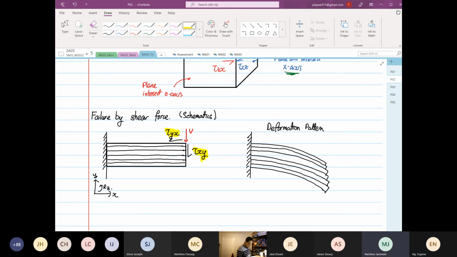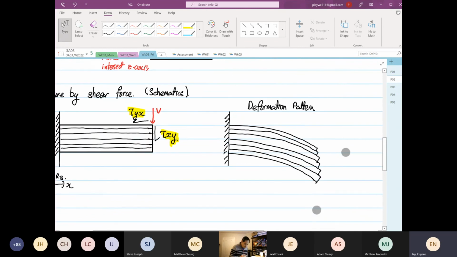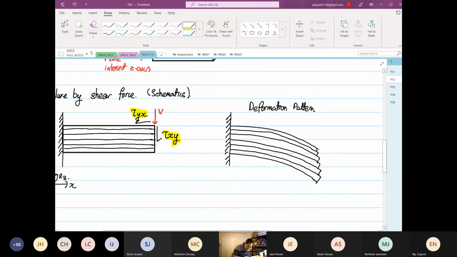Anyone? Shear XY. Now, my answer to shear XY is it will not fail. Why? For shear XY, the geometry in this direction did not change.